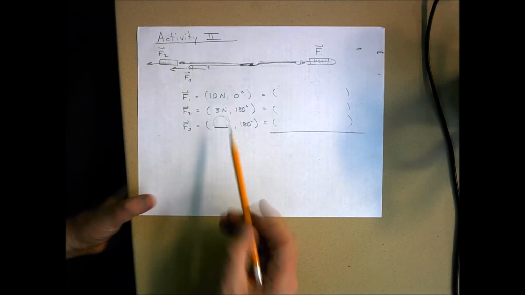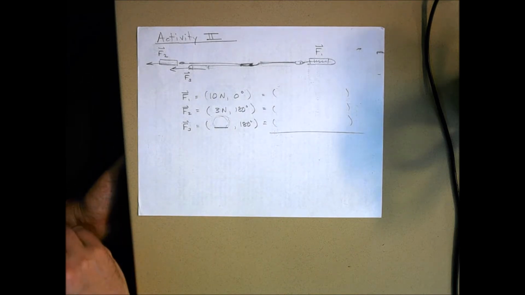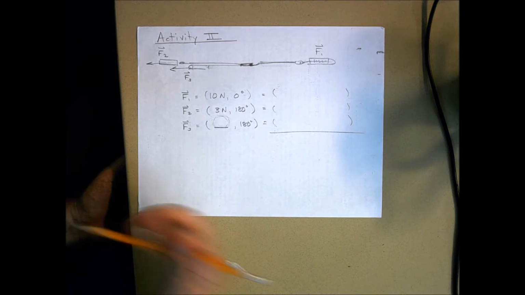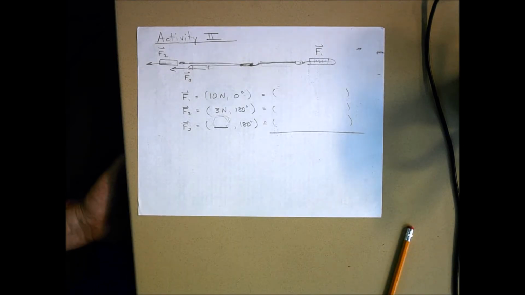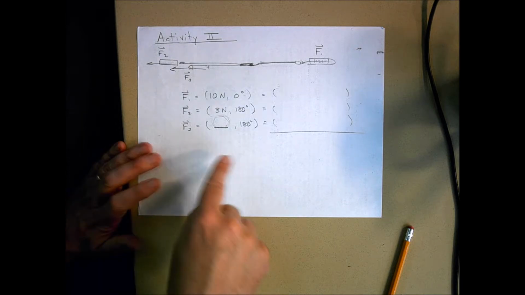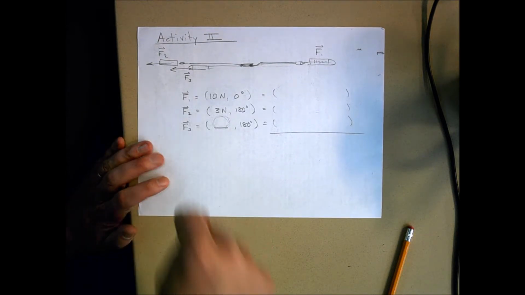Now, you can make a prediction of what you think this should be, and that's awesome. But I want you to measure it and see what it actually turns out. Any questions? Okay, I'm going to pause the video, do the work, show this both in your notebook and in the whiteboard. Okay, go.